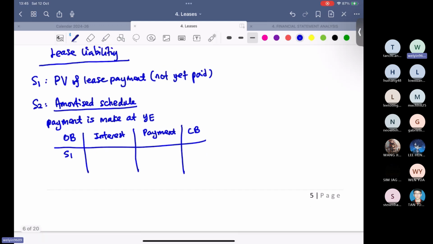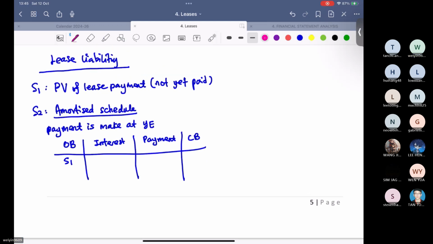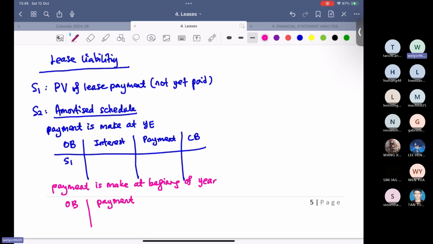All right. Number 2, if payment is made at the beginning of year, therefore opening balance, payment, interest, closing balance.